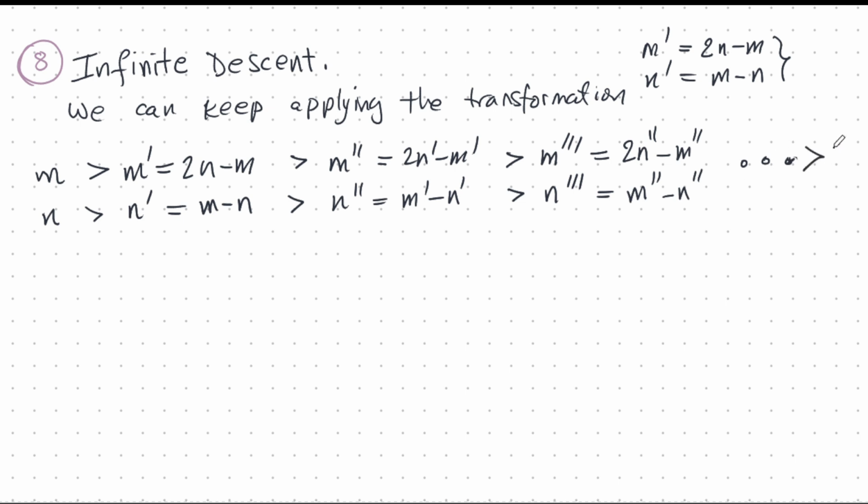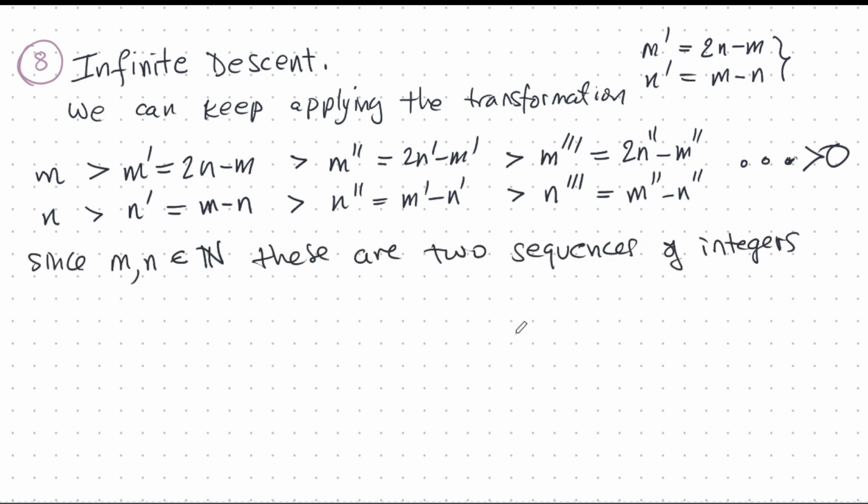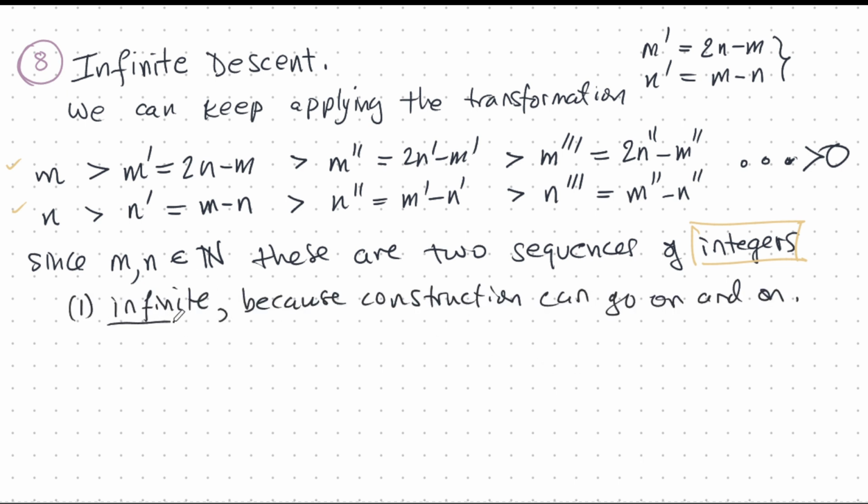And these things are all positive because we proved that every transformation application always results in positive, decreasing numbers, since m and n are both natural numbers, that's what we assumed at the beginning. These are two sequences of integers, and they have the following properties. They are infinite sequences because the geometrical construction can go on and on forever.